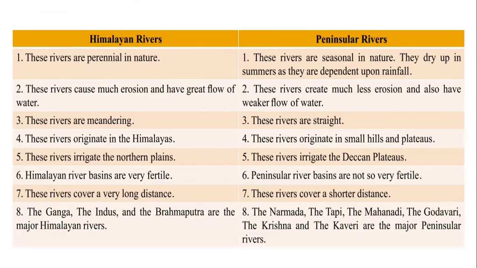Himalayan rivers flow with full speed from the Himalayan mountains, so they cause erosional activity. At the same time, peninsular rivers show less erosional activity. Third point: Himalayan rivers are meandering, while peninsular rivers are straight.